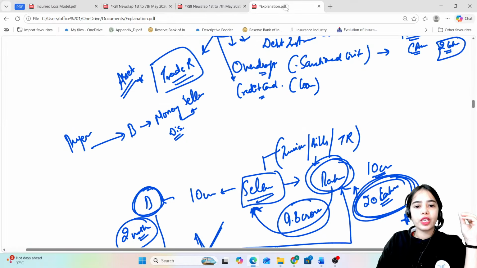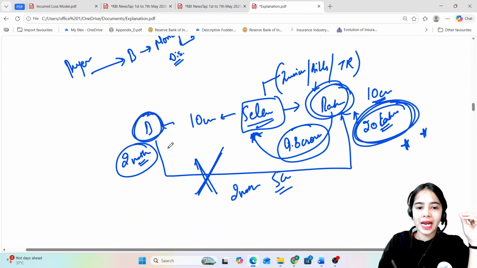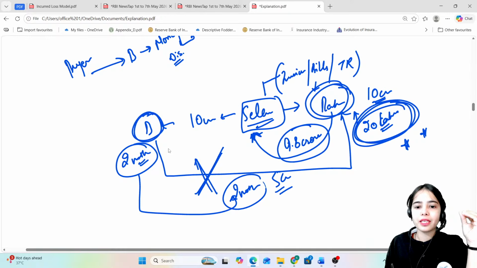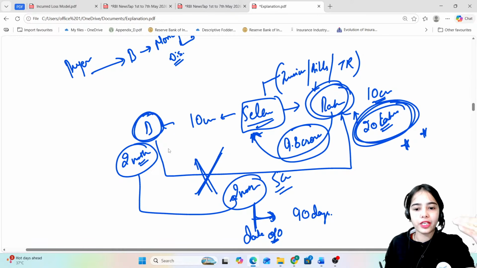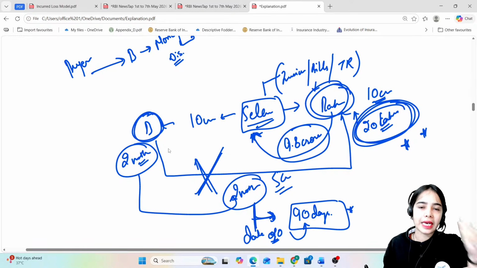Okay? So if the bill had to be cleared after 2 months and it is not getting cleared, that means after 90 days from the date of outstanding, the bank will wait for 90 days, and after 90 days the bank will consider it as NPA.